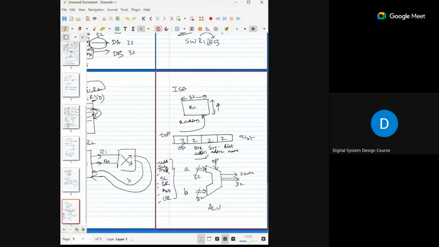Since we have 2 source addresses, I need dual read ports, and I have only one write. So I can describe my register file as having 2 read ports, both dedicated. Maybe we can read one after another also, but the hardware circuit would increase. And one write port.